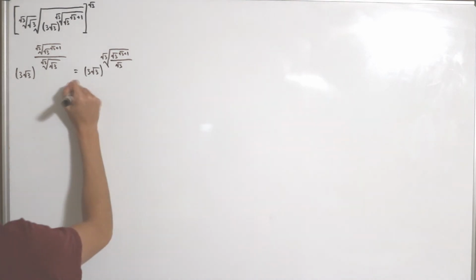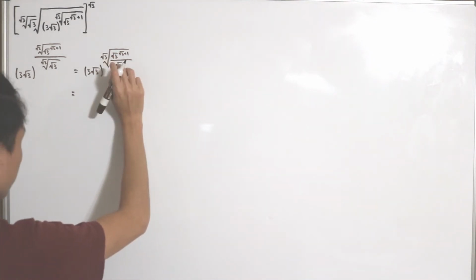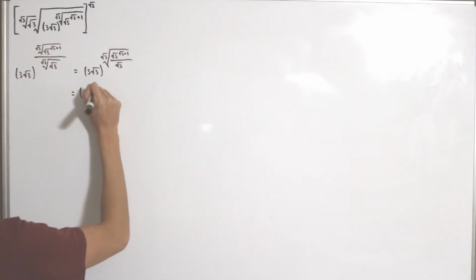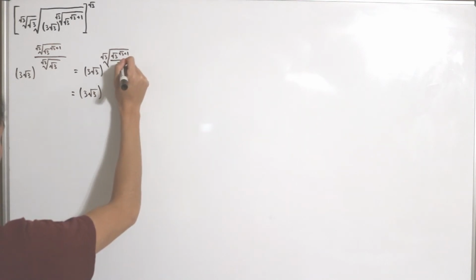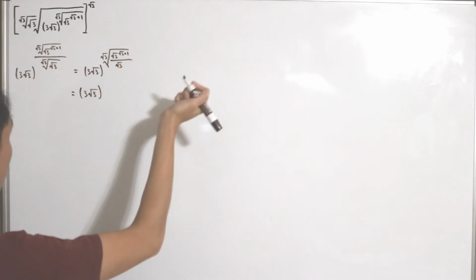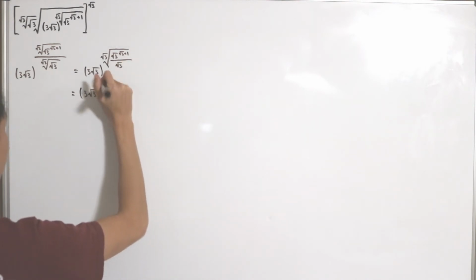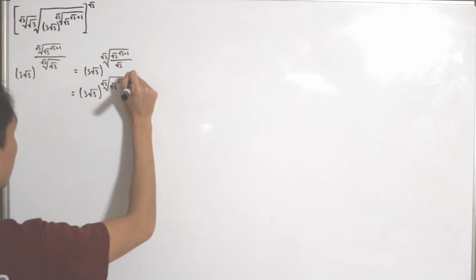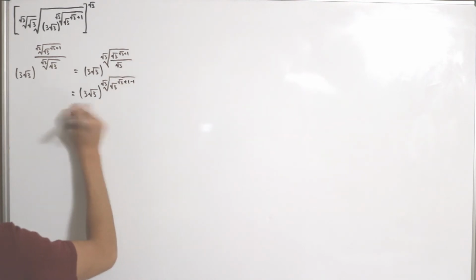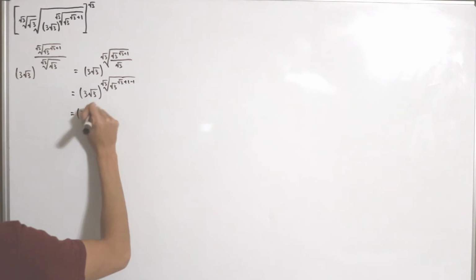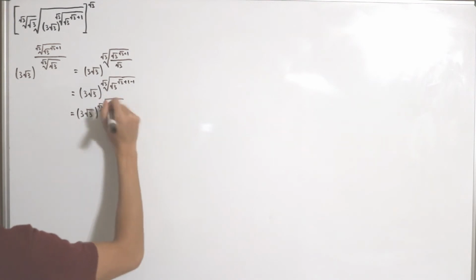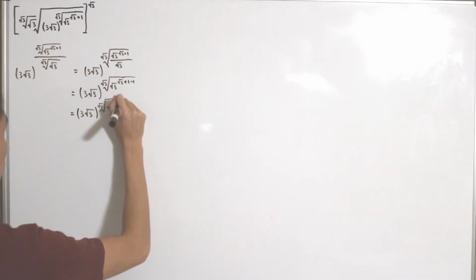Now notice that these two share the same base, so I can use our rules of exponents again and write this as the square root of 3 raised to the -1, so I can just move that to the top. So 3, and then square root of 3 to the square root of 3 plus 1 minus 1, and notice that will cancel, so we're left with this square root of 3 and root square root of 3 and then square root of 3.